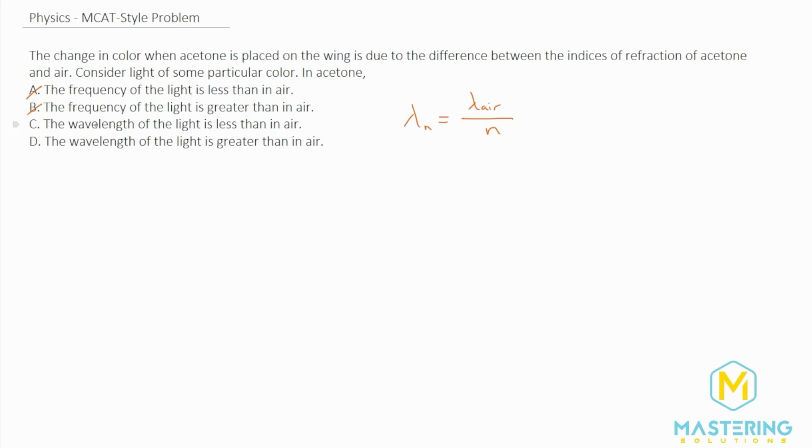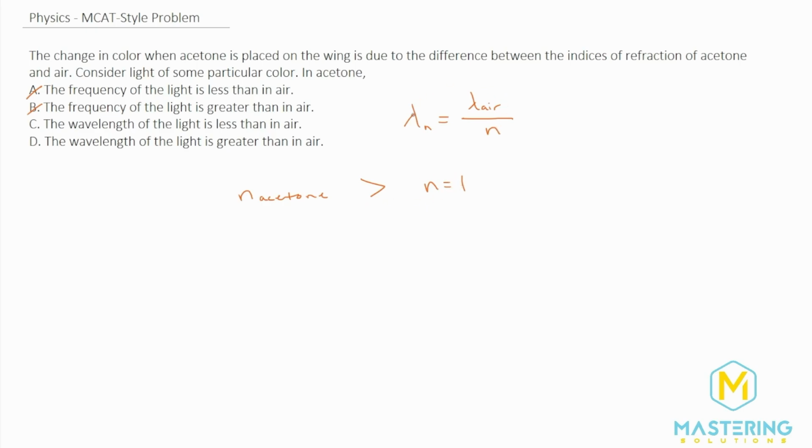So now we have to figure out, is the wavelength of light less than in air, or is the wavelength of light greater than in air? The index of refraction for air, of course, is 1. The index of refraction for acetone is going to be larger than the index of refraction for air.